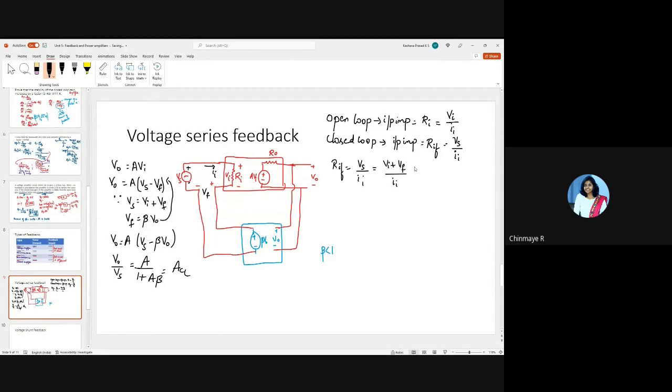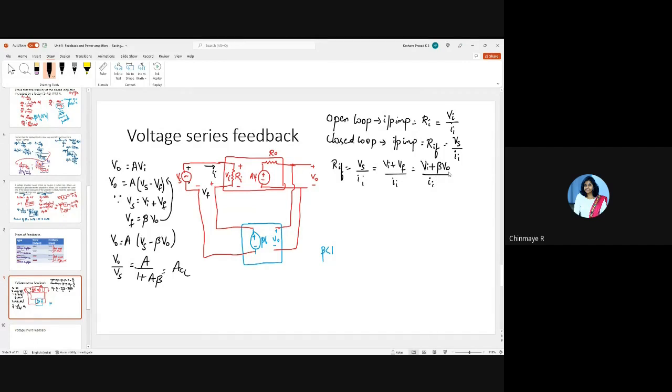Vf is equal to beta V naught, so I can write this as (Vi plus beta V naught) divided by Ii. But what is V naught?